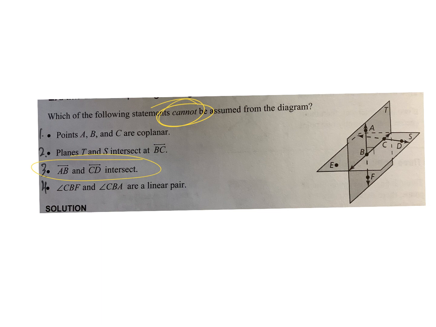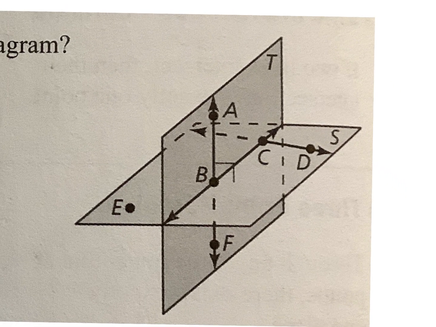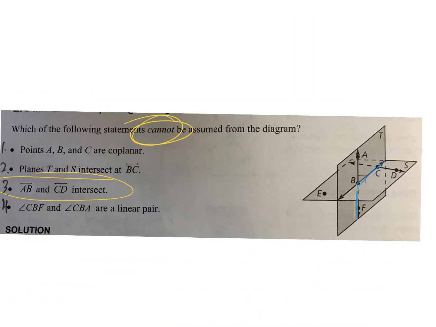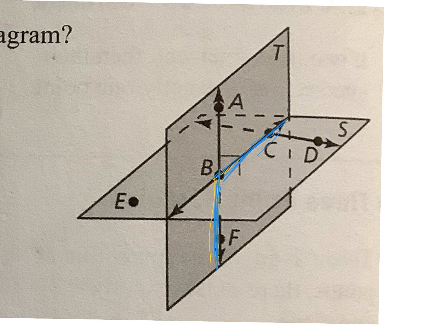CBF and CBA. Okay. CBF, and what was the other one? CBA. Let's use red for that one. Can you see red? Yeah, it's good. They intersect.